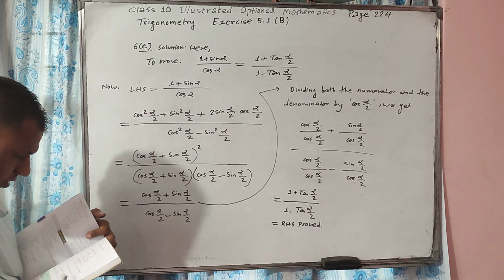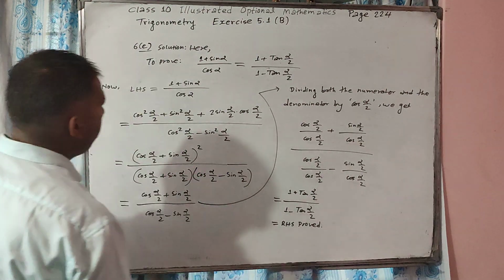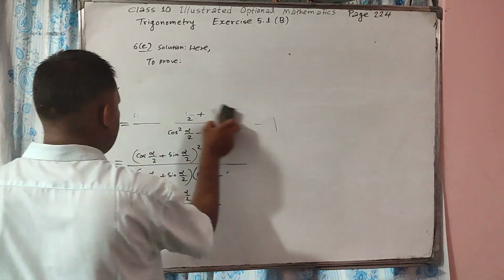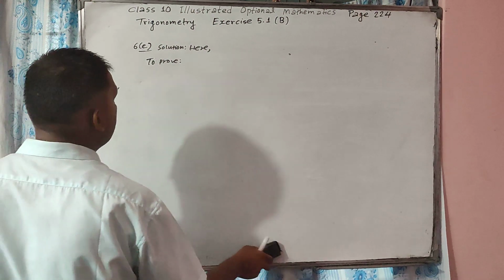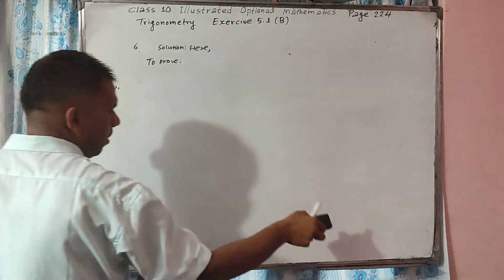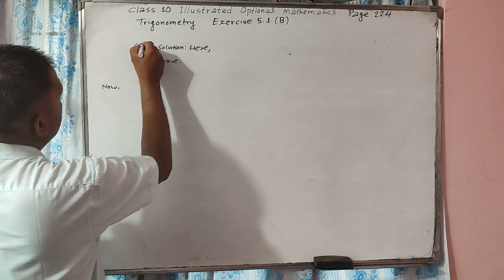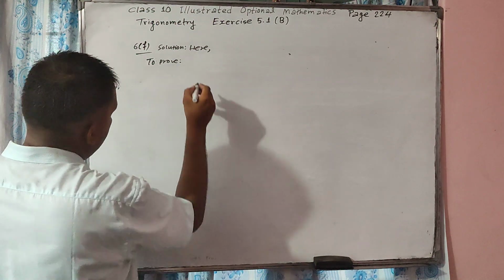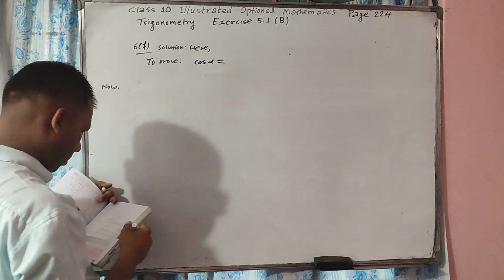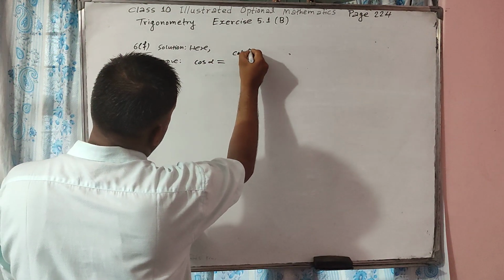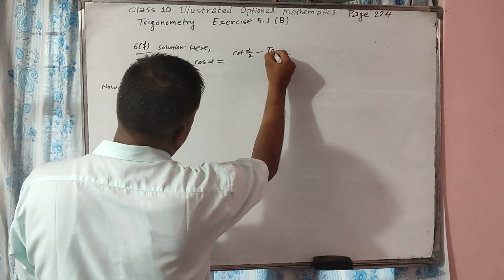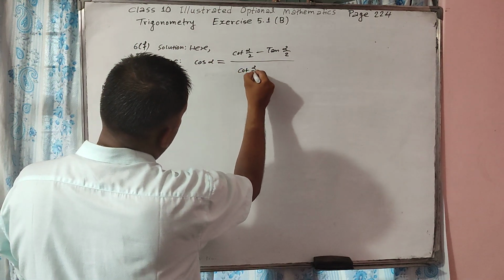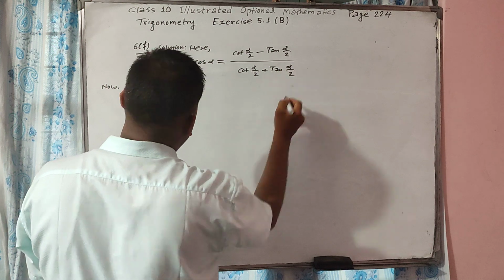Now next question 6. We have to prove cos alpha equal to cot alpha by 2 minus tan alpha by 2 all upon cot alpha by 2 plus tan alpha by 2.